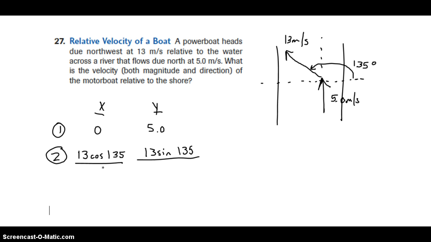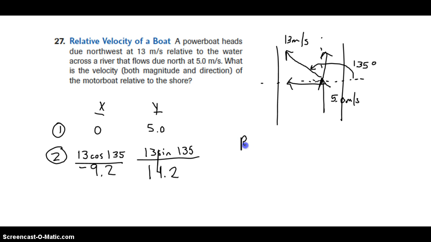13 cosine of 135 is -9.2, as it should be, since all the x components are directed to the left. And then if we add 5 and 13 sine of 135, we should get 14.2, and that should be directed in the positive, since we have a positive y plus a positive y.